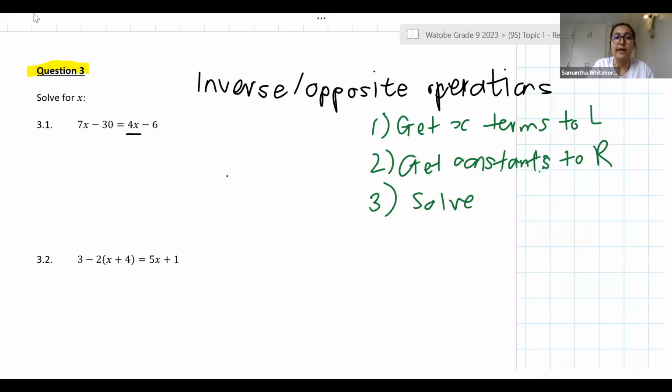In order to do that, I have to use inverse operations. This was originally a plus 4x, which means the inverse, the opposite operation, is minus. So if I minus 4x on both sides of my equation, I'm going to be able to move it to the left-hand side.